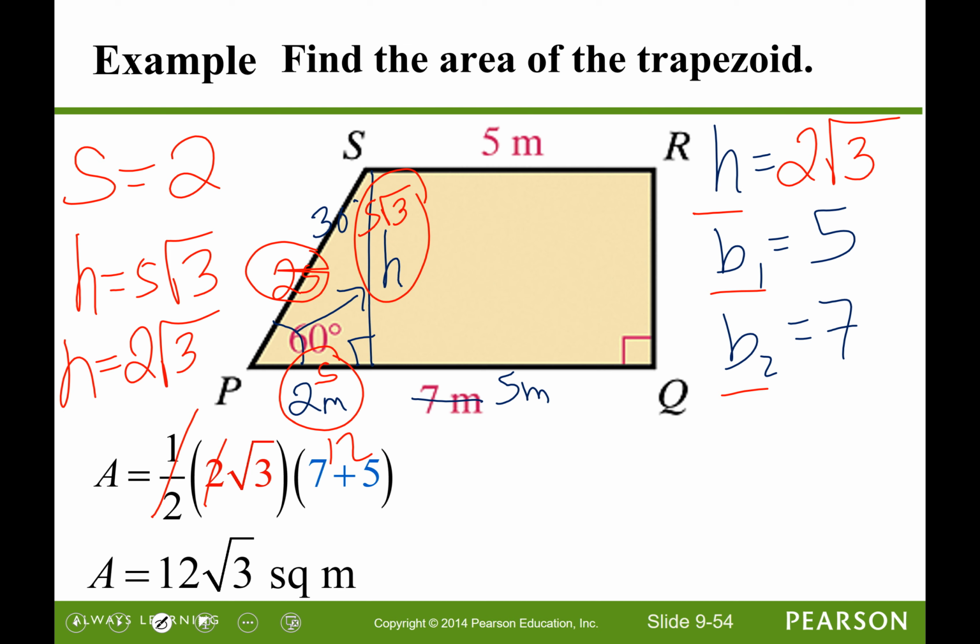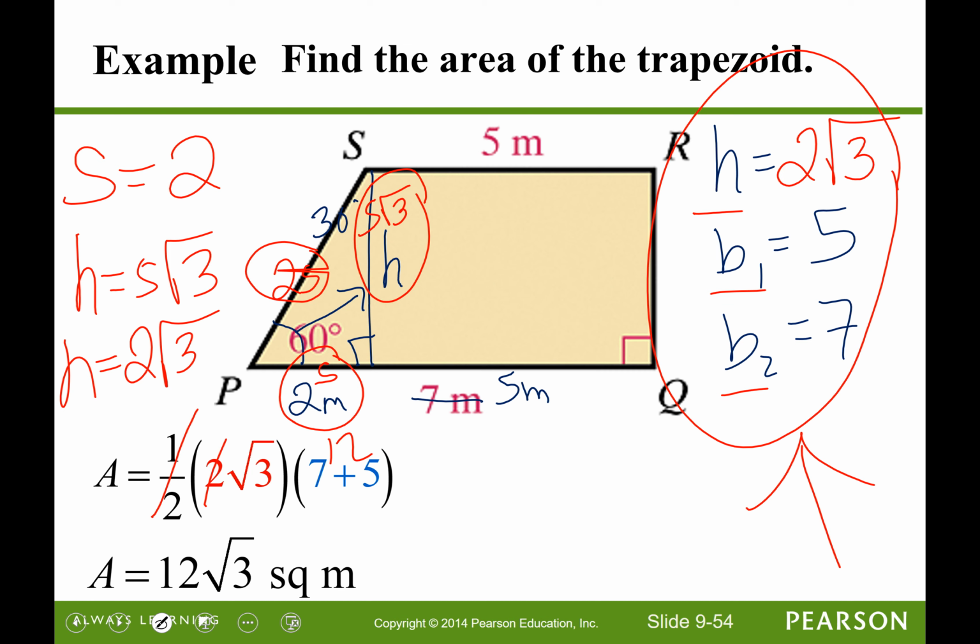All right, a lot of work to get through that example right there, but we have all the tools we need. So really attempt to organize your thoughts by writing down your formula. I like to then oftentimes turn my formula into a blank template, identify the blanks that we need to fill in, go for the easy ones first, like the 5 and the 7, and then go off to the side if you need to do some work to find any remaining blanks like we did for the height.